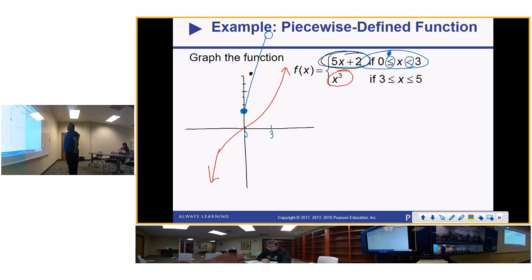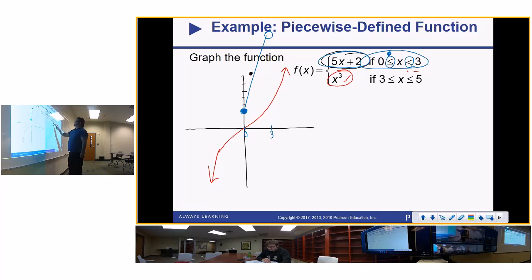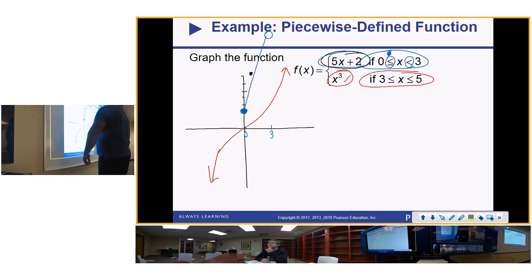Okay, now I've done that part. Now, where is my x? 3 to what? 5. 3 to 5. Well, here's 3. And what kind of circle do we have on 3? Equal to. Closed. Closed, so it goes right there.